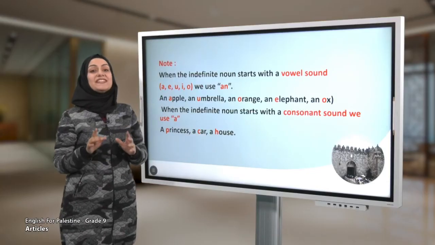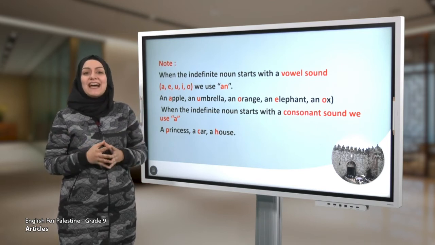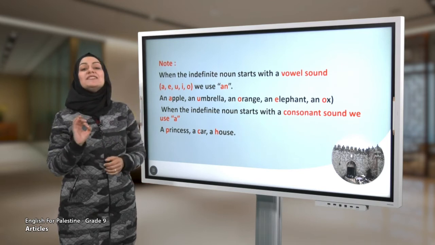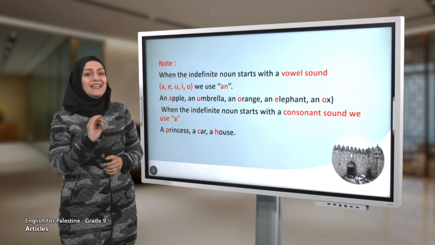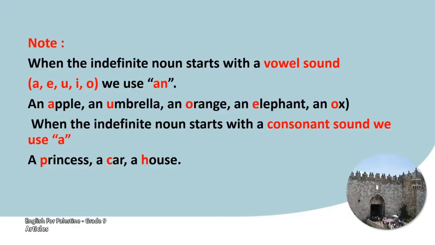So I'm sure that now you're asking yourself, when should I use a and when should I use an? Okay, now I will tell you the difference between a and an. It's very simple. Pay attention, please. When the indefinite noun starts with a vowel sound like a, e, i, o, u, we use an.